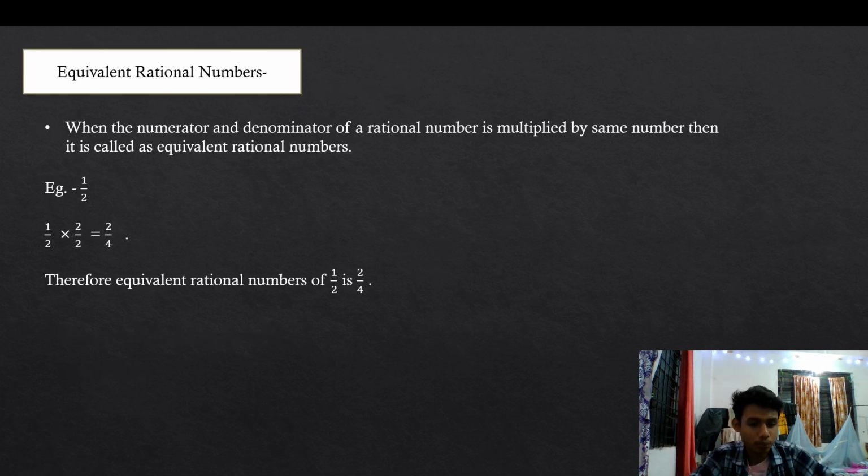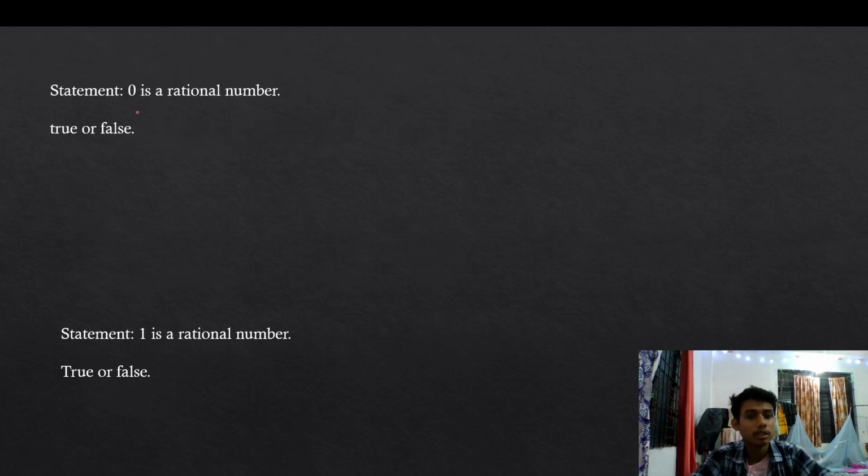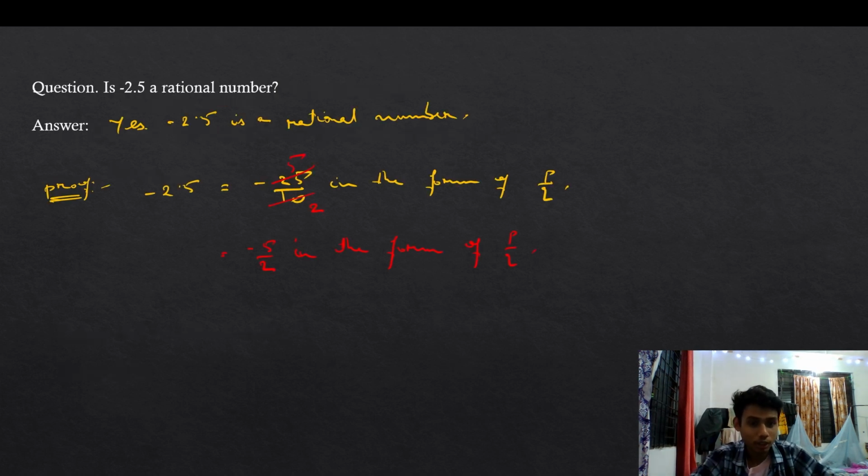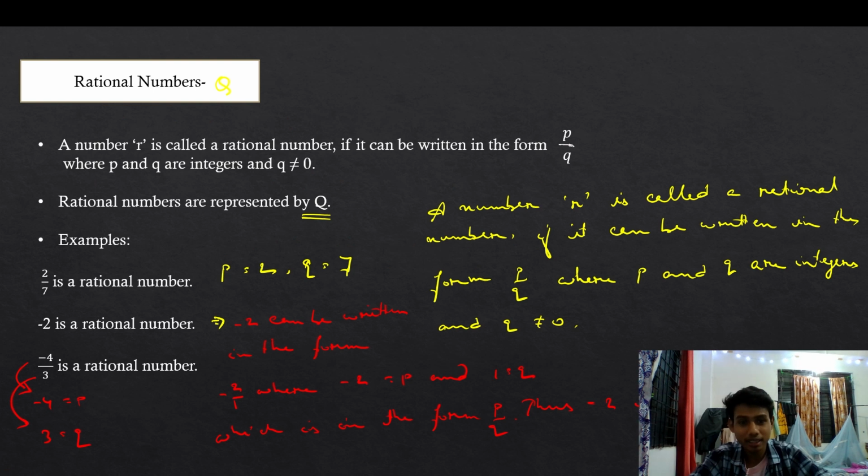Now we have a statement. 0 is a rational number. Is it true or false? The answer is true. Now you might think that in the definition we have clearly said that Q cannot equal 0. Yes, exactly.